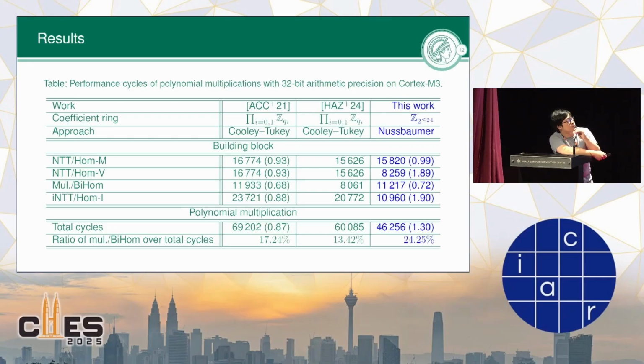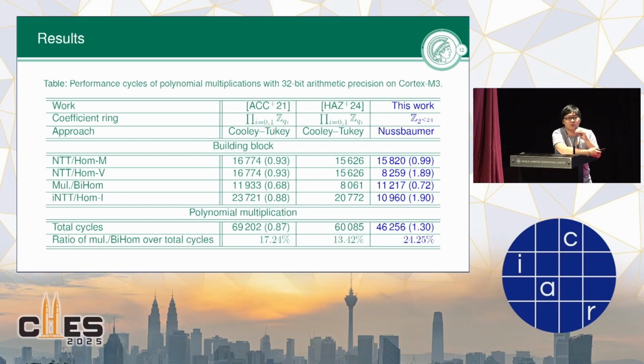Here is the overall performance of the NTTs with 32-bit precisions. On the leftmost column, we improve the performance of some of the transformations at the expense of a bit more expensive multiplication phase.